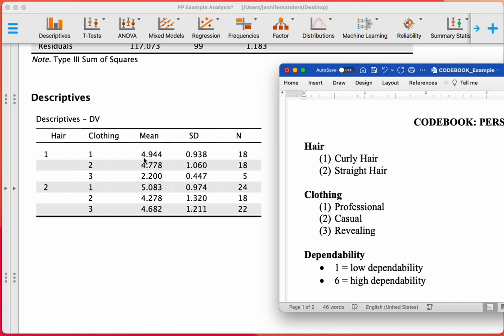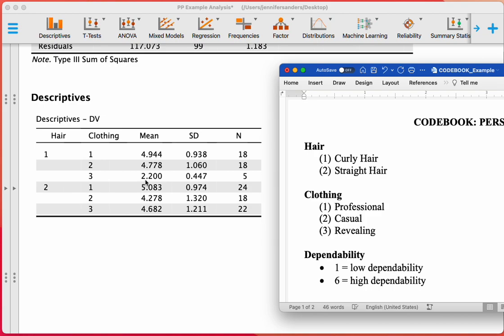So, for example, this mean of 4.94 was the mean rating of dependability for the tutor with curly hair wearing professional clothing. Just looking at it, I can see that there are some differences here, especially right here. There's a big difference. So what is this? This is curly hair with revealing clothing.